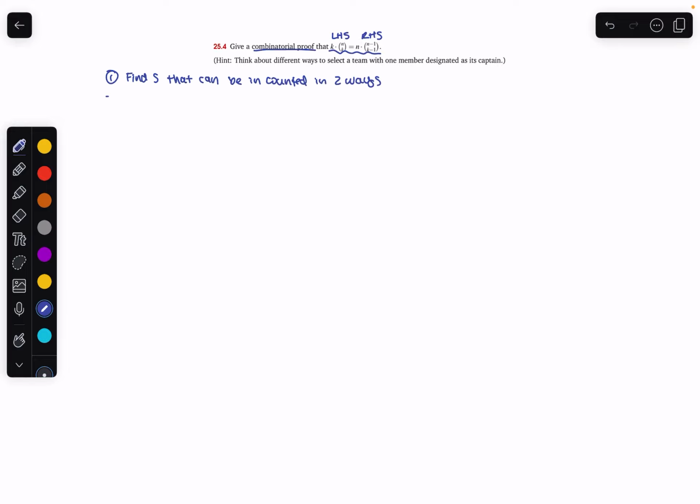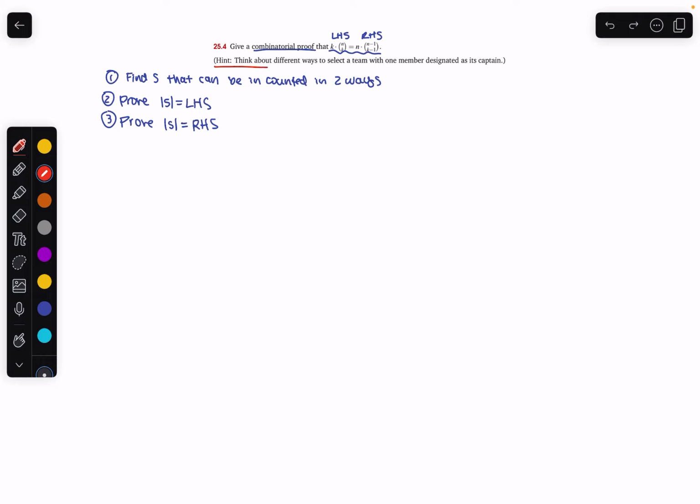And then next, we're going to prove that S can be counted using the left-hand side. Finally, prove that S can be counted using the right-hand side. The intuition here is that if the size of S equals this, and it equals this, then this has to equal this, by transitivity of equality. Okay, great. Now let's actually implement this.